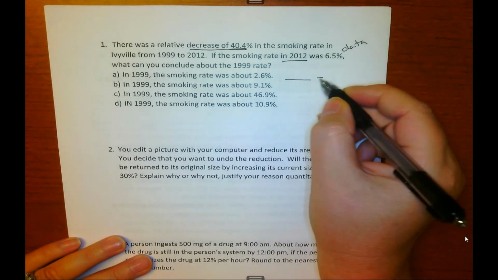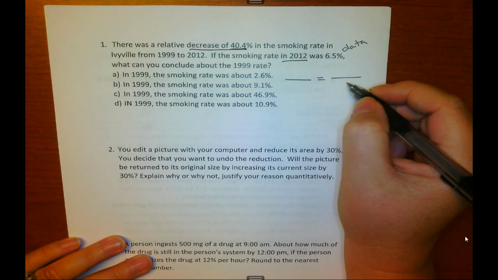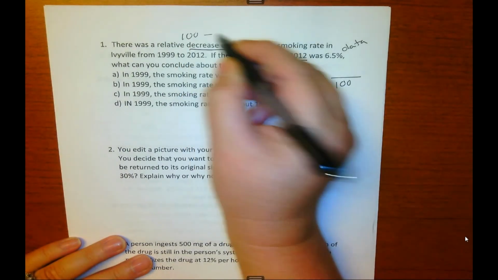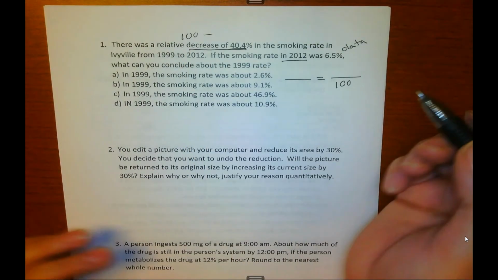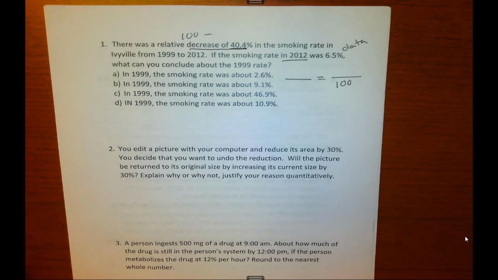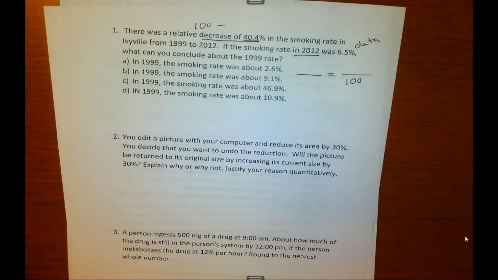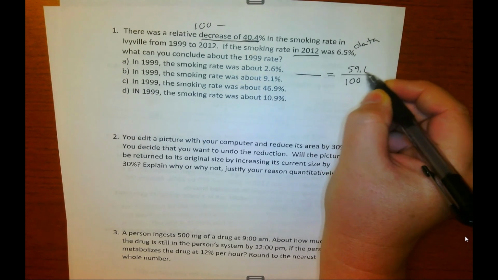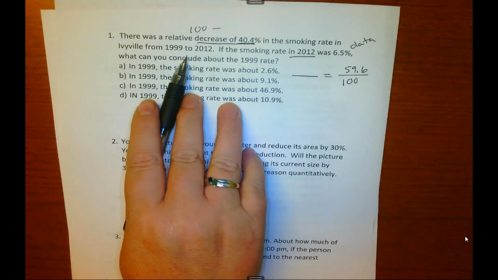My suggestion is do the percent proportion. Since it's a decrease, 100 minus 40.4. Then we look for the old and the new.